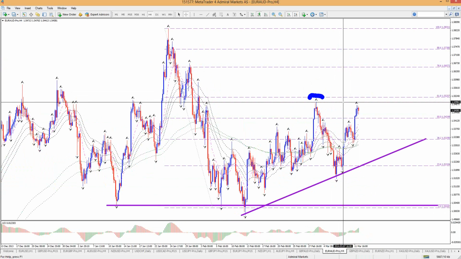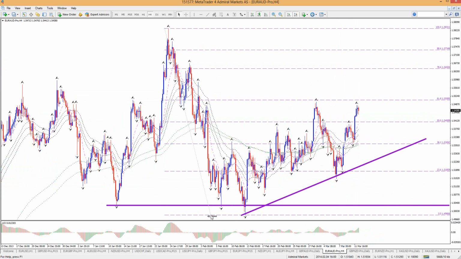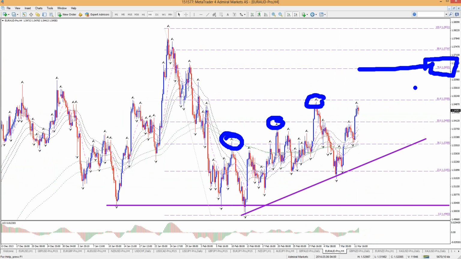I think if this top does get broken, then there is a chance to go to a higher fib like the 78.6, right? Because we stopped at the 61.8 here. We stopped at the 50 fib here. We stopped at the 38.2 fib here. So if we break these tops, we have a potential to move up to the next fib.